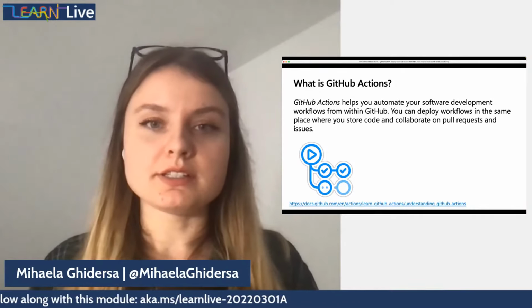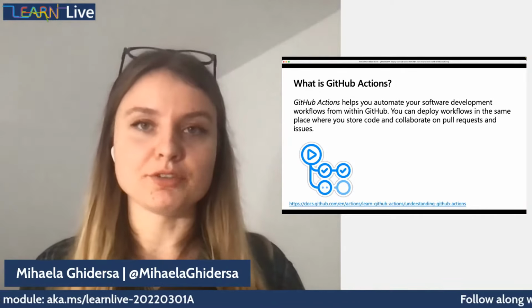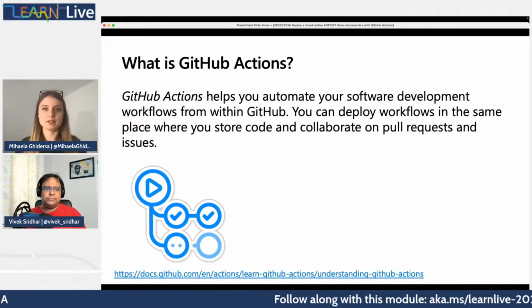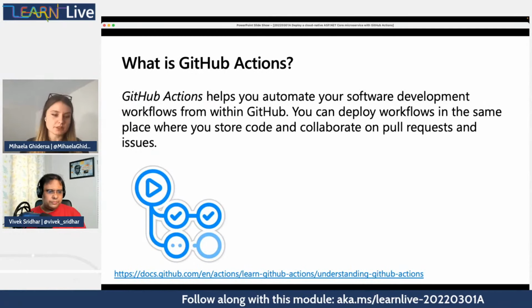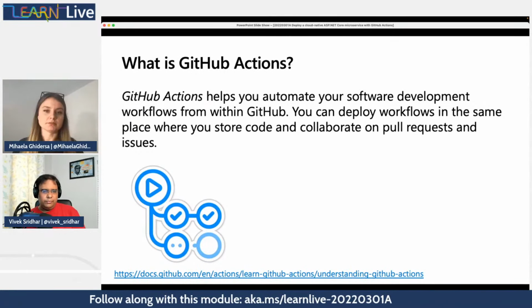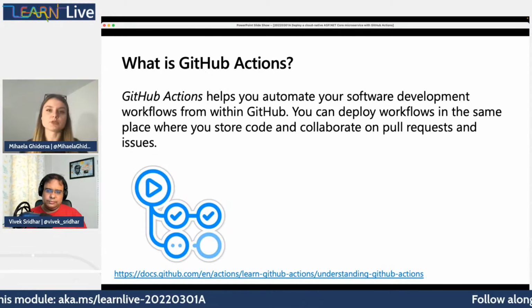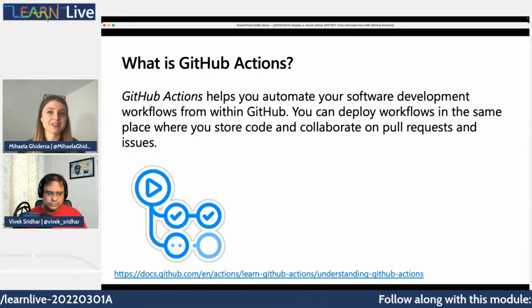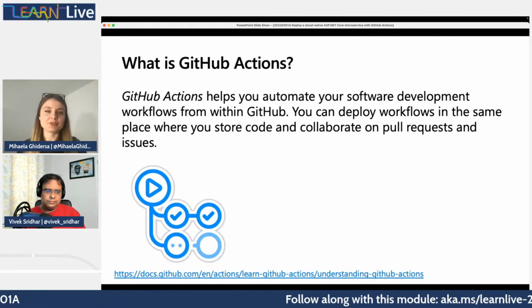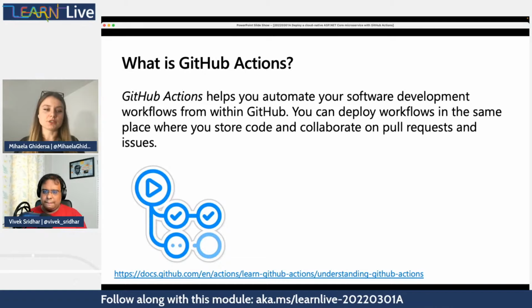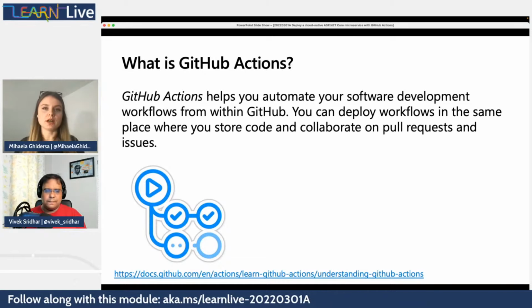So GitHub Actions goes beyond just the DevOps approach and lets you run workflows when other events happen in your repository. And since we are discussing running some workflows, we are going to go a bit more into details about what those workflows are, and we are going to implement some workflows today. But it's important to note a bit on how we are going to run that and where exactly.